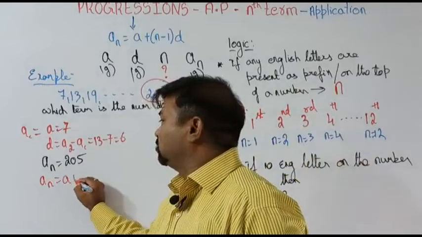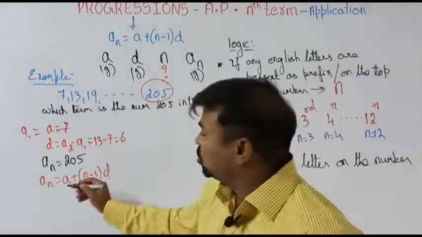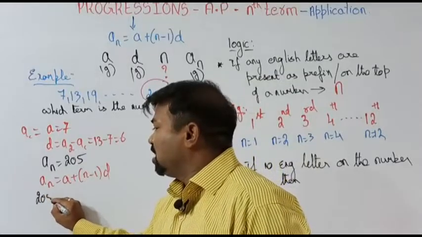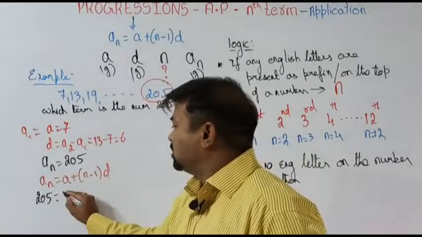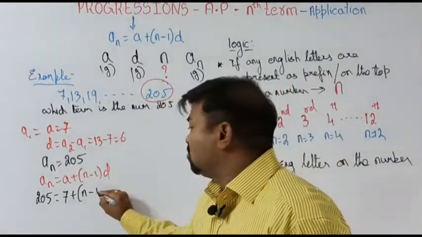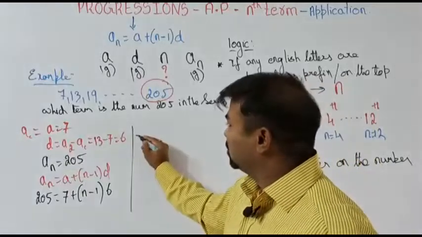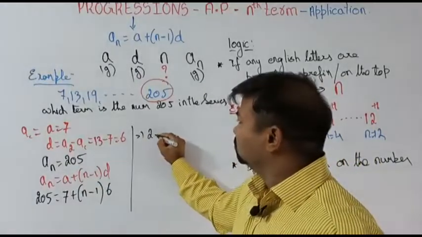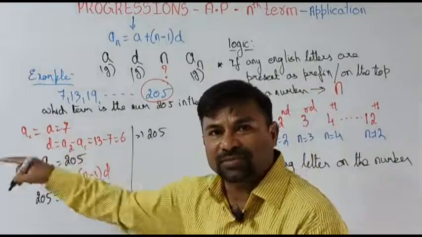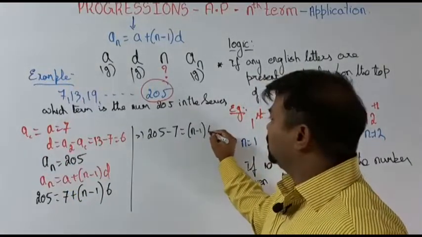an equals a plus n minus 1 into d. Straight away plug in 205 in the place of an, a is 7 plus n minus 1 into d, which is 6. Let us simplify. Taking 7 to the other side, it becomes minus 7: 205 minus 7 equals n minus 1 into 6.